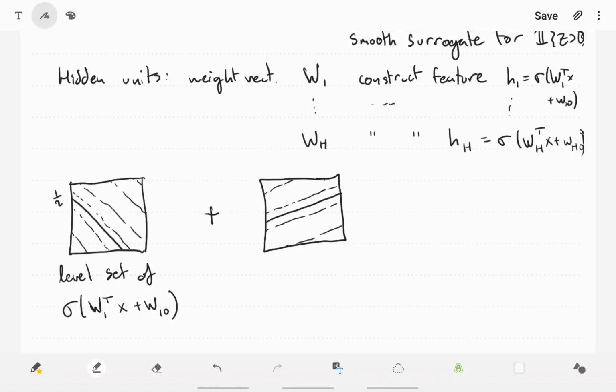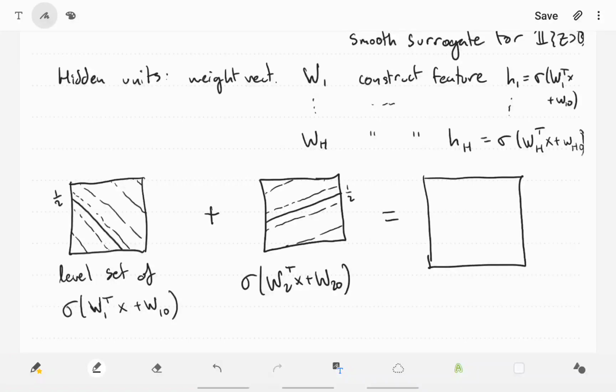Because of this nonlinearity, when we add these two functions together, say we just average these functions, so our beta has the effect of just averaging these two. Say beta 1 is equal to 1/2 and beta 2 is equal to 1/2, and there's just two hidden units. So this is sigmoid of W2 transpose X plus W2 0. When you add these two together, then you end up getting something that actually has nonlinear level sets.